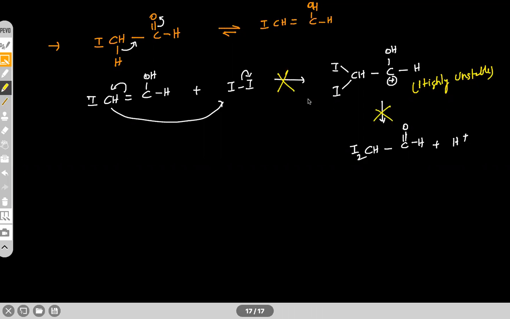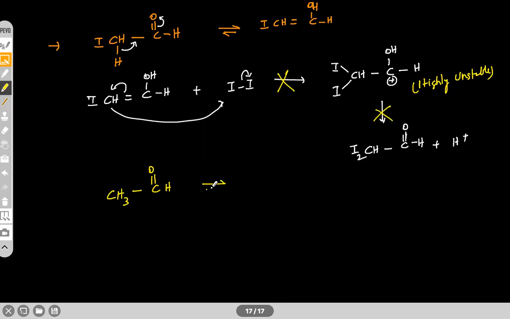Okay, now you see these two comparisons here. Now we are doing this acidic medium reaction, correct? So what we do in acidic medium reaction, we write down the enol form of it. So CH3, C double bond OH we have.